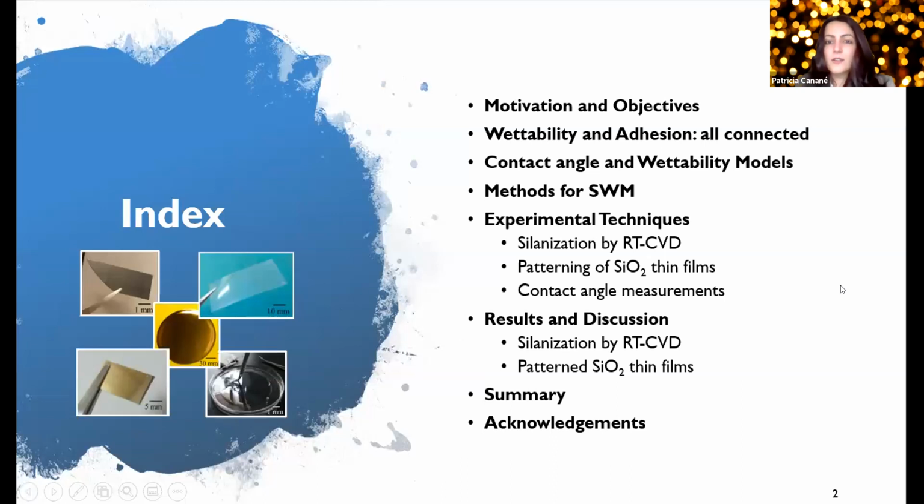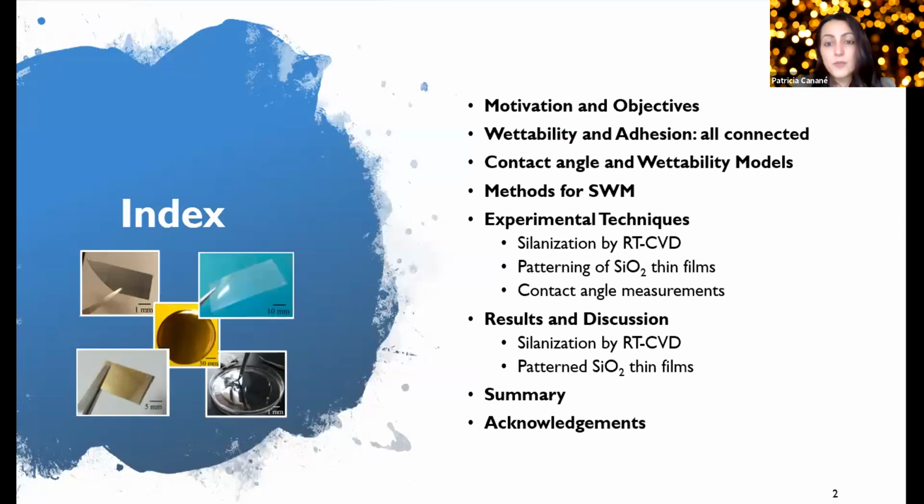Okay, so I'll start by presenting the motivation and objectives that guided this work, followed by why it is important to assess the wettability of substrates and how it can help us assess the adhesion and other forces at the surface level. Then I'll present some wettability models to help understand how the contact angle can translate into important information regarding the wettability, followed by several methods for surface wettability modification.